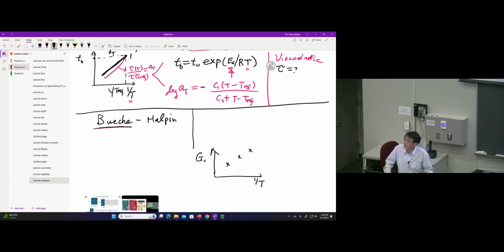So let me see if there's a better way to do it. There's so many parts to it. Try to see if I can simplify it.